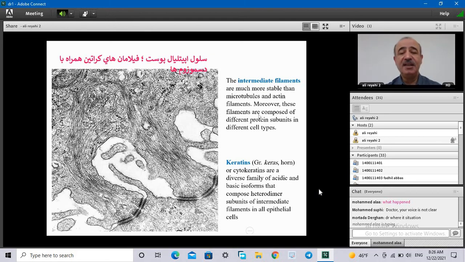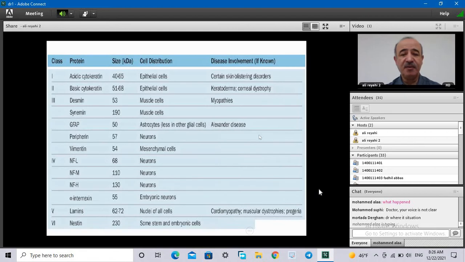Moreover, these filaments are composed of different protein subunits in different cell types. Okay, this table shows the different intermediate filaments within the different types of the cell. For example, you can see the cytokeratin or keratin within the epithelial cell. You can find the other intermediate filament called desmin.